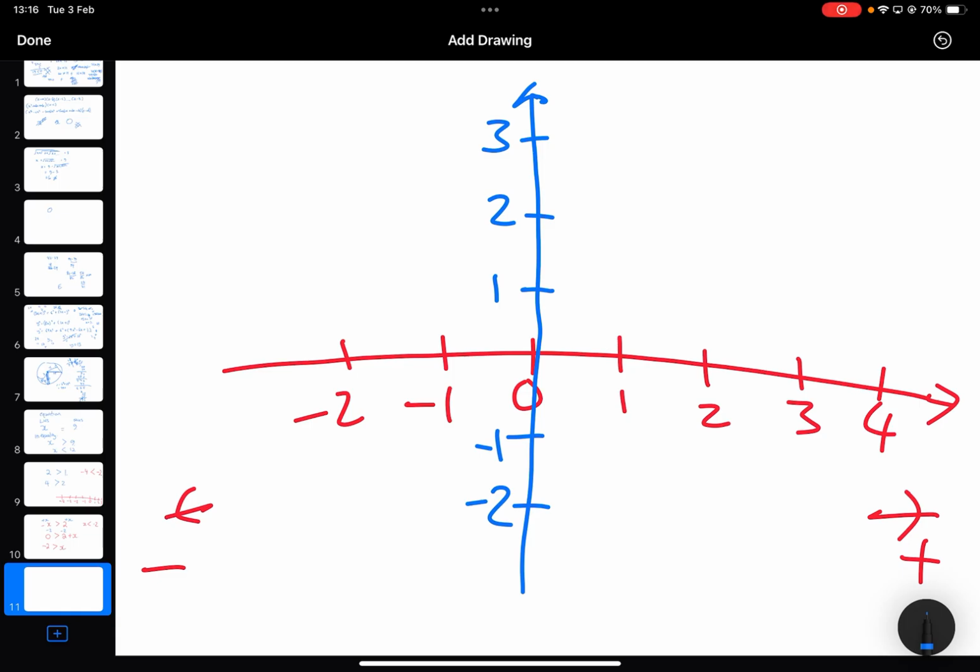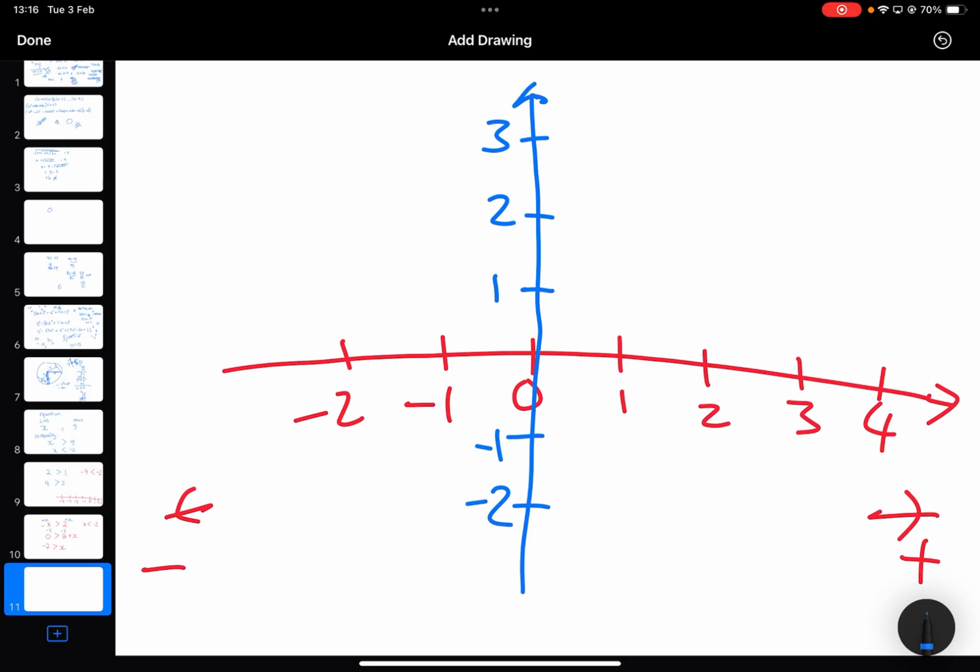So with these two lines, I can specify any point that is on this paper. What do I mean? When I want to specify a point, I need to tell people how many units to the right, and how many units up or down.